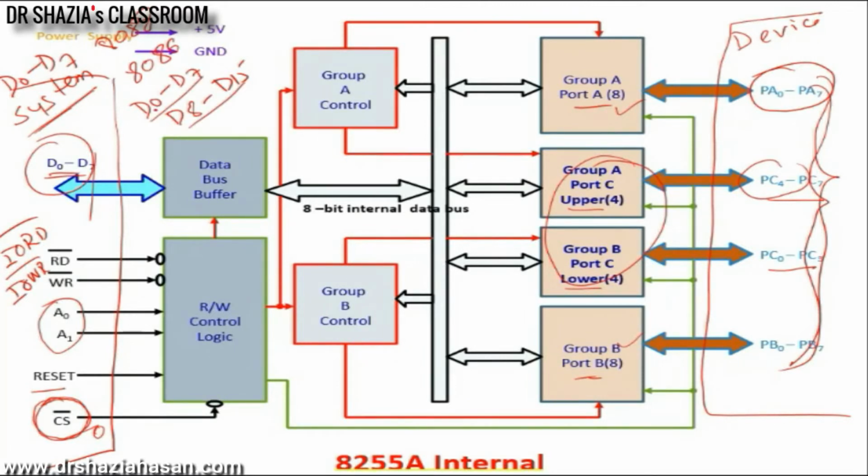If I am connecting the data bus of the 8255 to D0 to D7 of the 8086, which addresses can I access? The lower data bus. It is quite similar to what we discussed in memory interfacing.